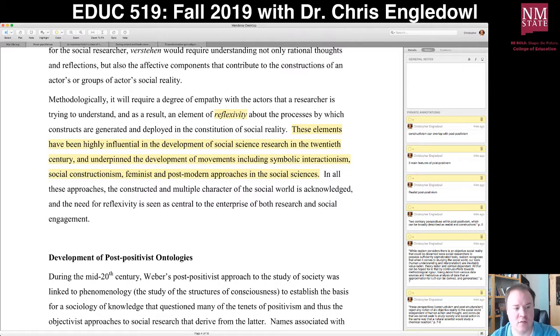Symbolic interactionism, social constructionism, feminist and postmodern approaches. These are paradigms that sometimes have quite radical viewpoints of ontology as well, thinking of the truth as completely relative or rejecting the notion of truth altogether.